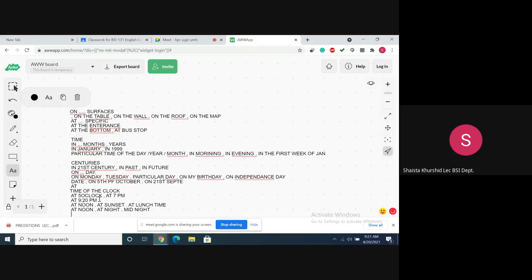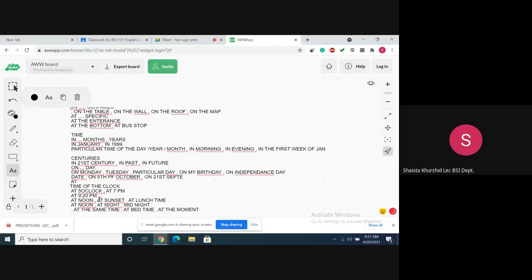You know midnight is actually 12 a.m. At bedtime, at the moment. These are the short and precise timings.